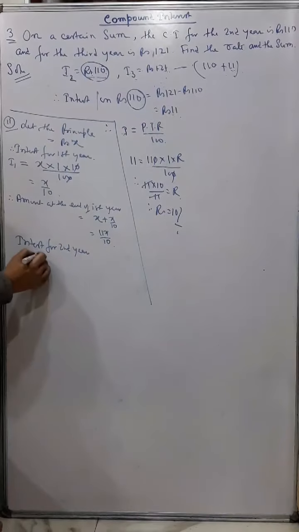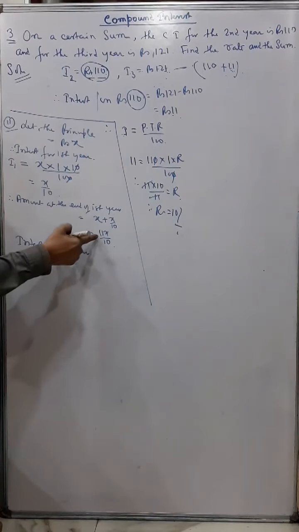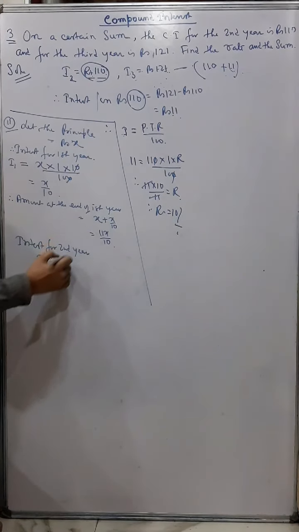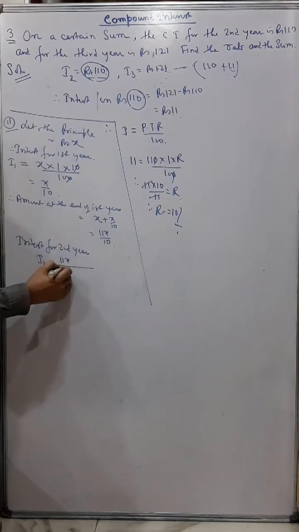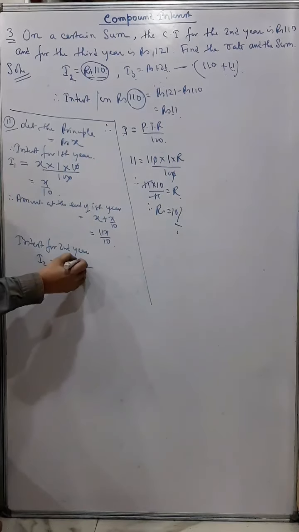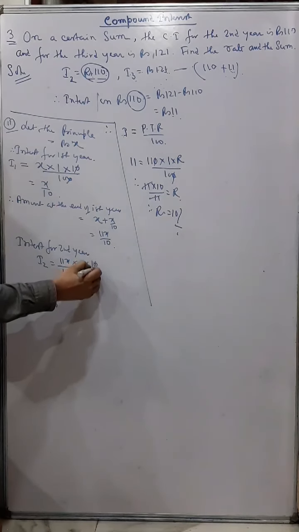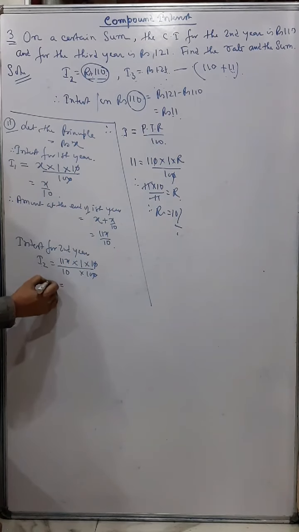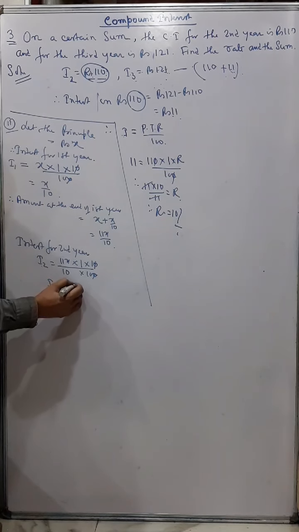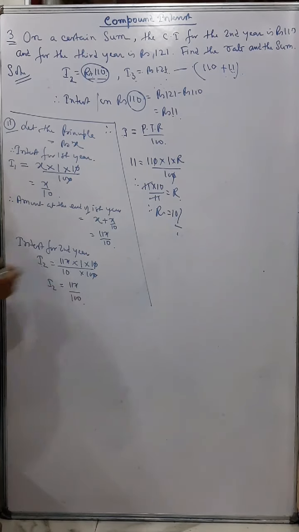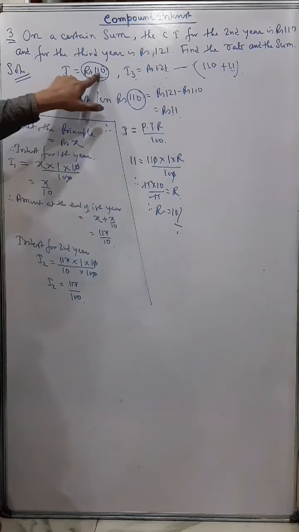Now interest for second year is I2, principal is this amount at the end of first year, so 11x by 10 will be like this. Time is 1, rate is 10, and by 100. So I2 what we got? 11x by 100, but we know I2 as 110.